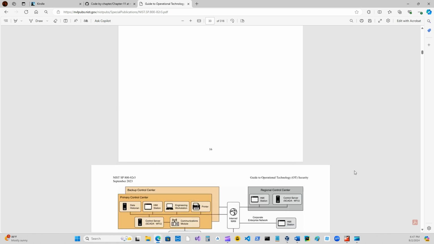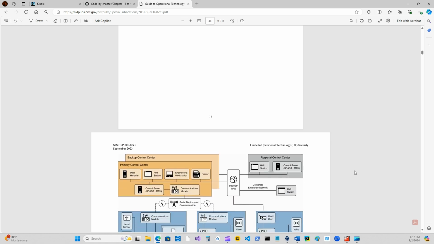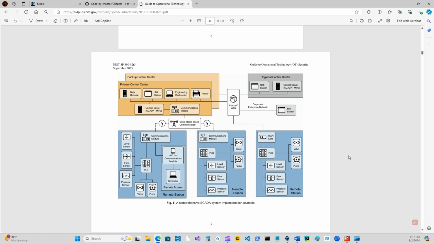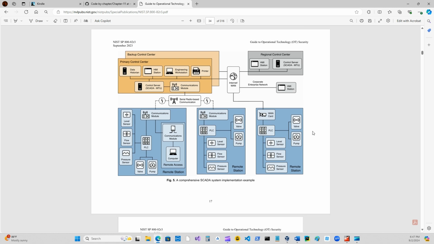Industrial systems, industrial plants, nuclear power plants, and stuff like that. It all interests me. And so reading this just gives me way more insight into how it works and how to protect it and what equipment is used, and I've built all this stuff. I've physically built this stuff and wired them together, right?